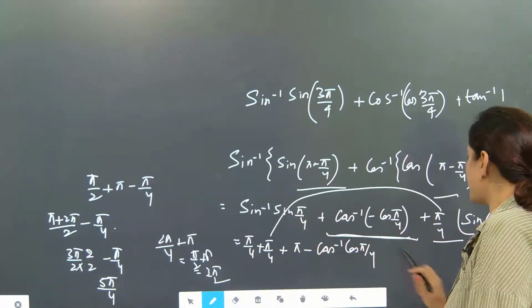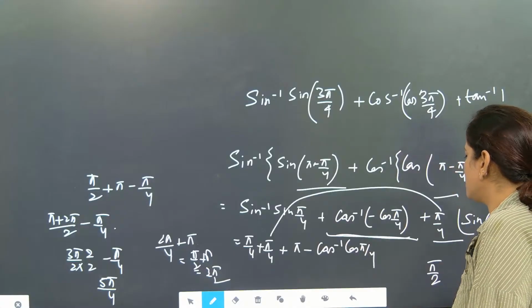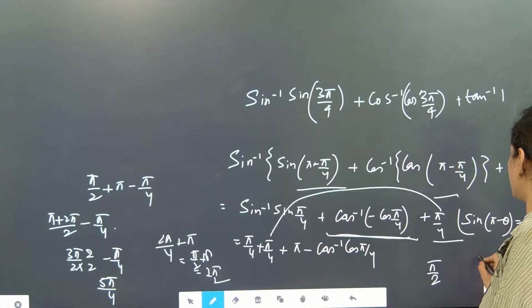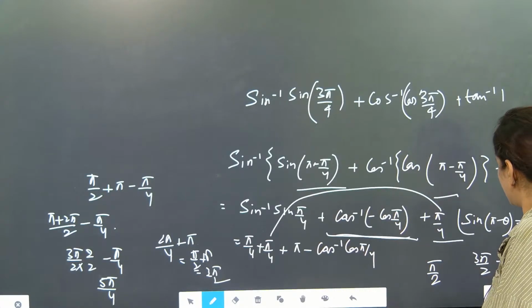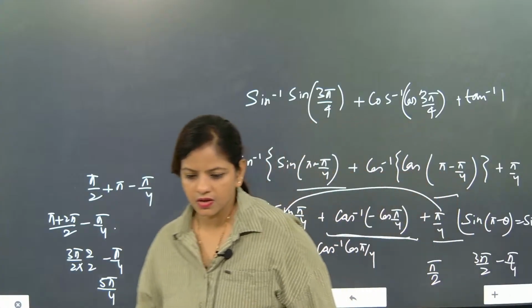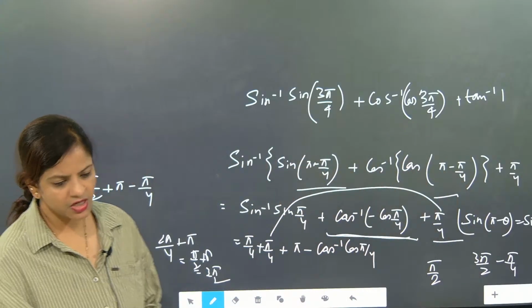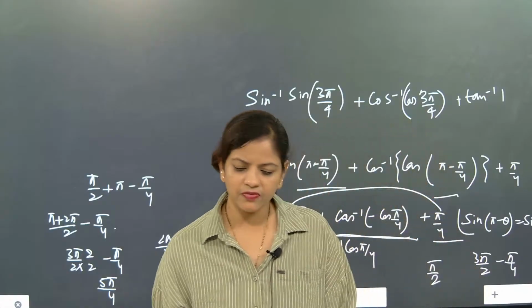So that is pi by 2. So 3 pi by 2 minus pi by 4. The same thing is coming here. Okay. Yes, 5 pi by 4 is the only thing coming. The correct answer is 5 pi by 4. I don't know the answer, but 5 pi by 4 is what will come.